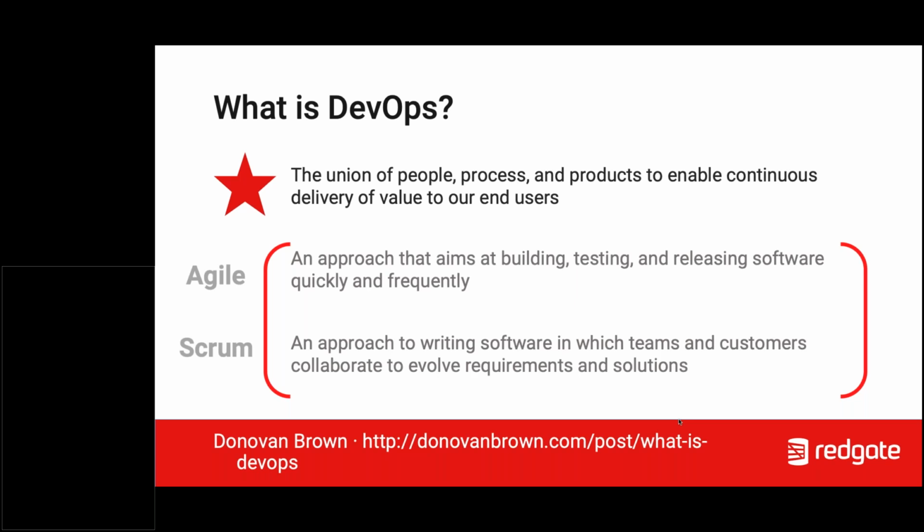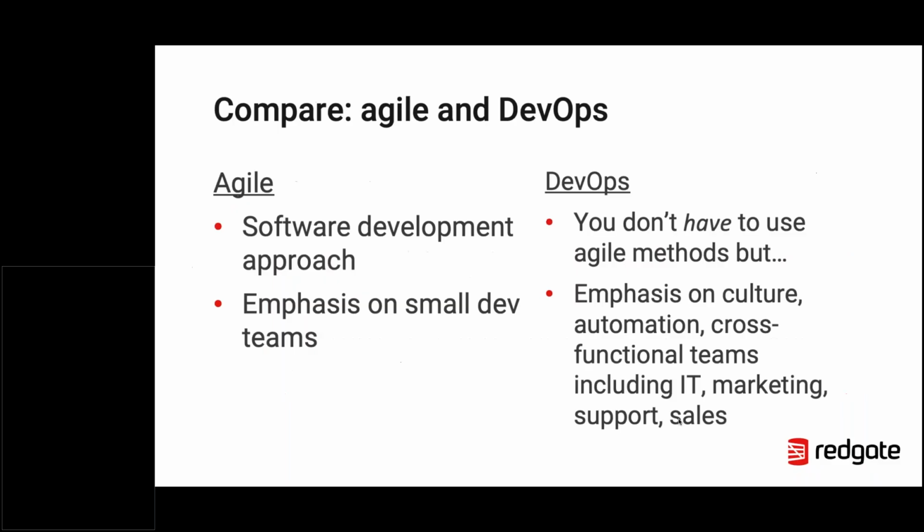And the third item, this is why they are all related: Scrum is an approach to writing software that is also frequently used with DevOps. But in terms of talking about DevOps, you don't necessarily have to use Agile. Almost everybody does because they pair well together. Agile is really about wanting to be able to react quickly, and it has an emphasis on small teams that also tends to work very well with DevOps.